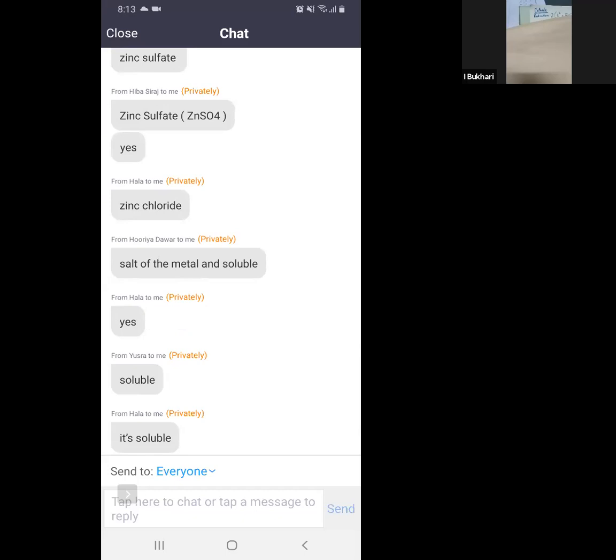So whether it is nitrate or sulfate, don't use chloride, because chlorine may be discharged at the anode. Don't use any anion which is less reactive than hydroxide.